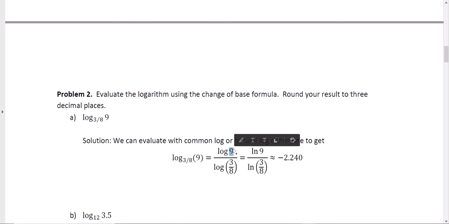In your calculator, there will be parentheses put around this 9, at least to open it up. Make sure you close the parenthesis around the 9 here before you divide by the log of 3/8. Similarly, when you press natural log, generally a parenthesis comes up. Make sure after you type the 9, close the parenthesis before you divide, and make sure you get this answer, negative 2.240, before you go on. Pause, play with it a minute, make sure you can get this value on your calculator.